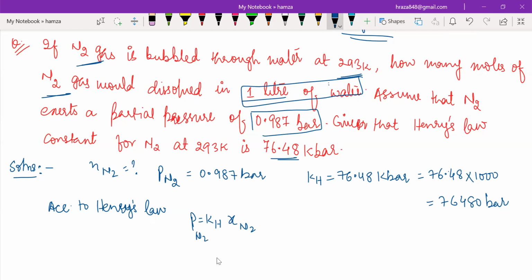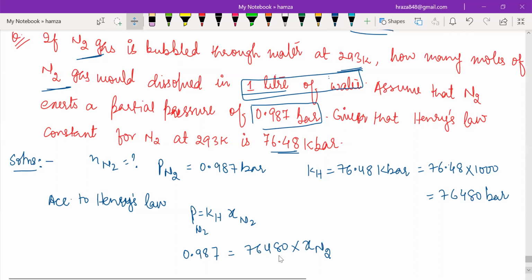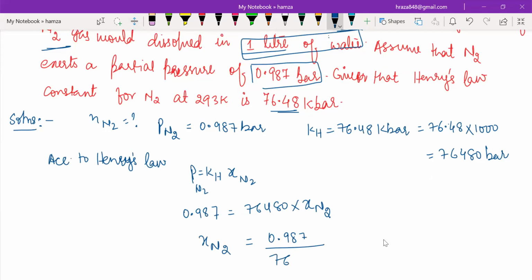Now the partial pressure is given as 0.987 and KH has the value 76480, into the mole fraction of N2. First of all, I'm going to find the mole fraction of N2, which will be 0.987 divided by 76480, and if you solve it, it will be approximately equal to 1 into 10 raised to the power minus 5.